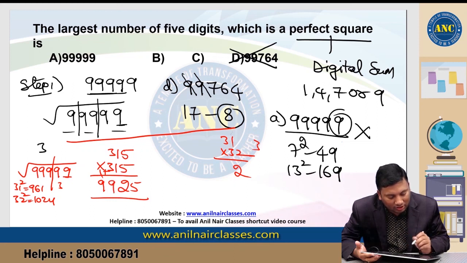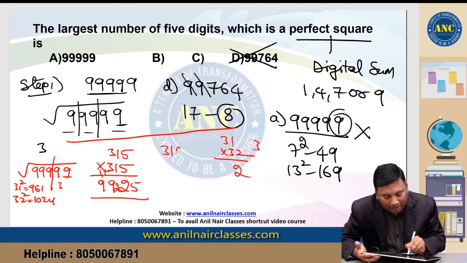Are you all with me? We got 99225. Let me take 316 whole square.